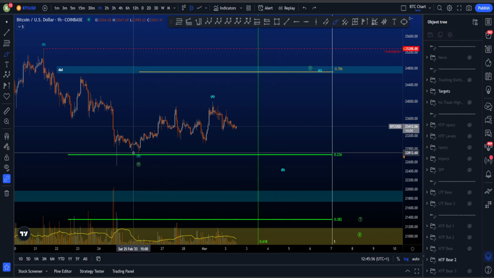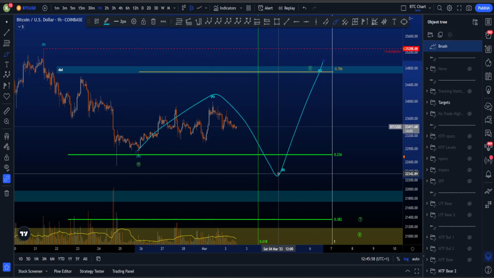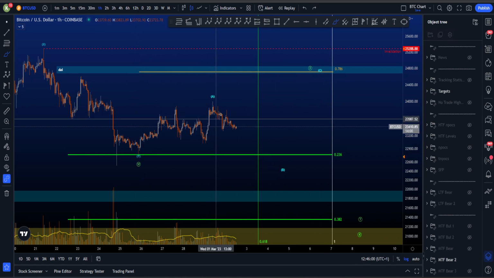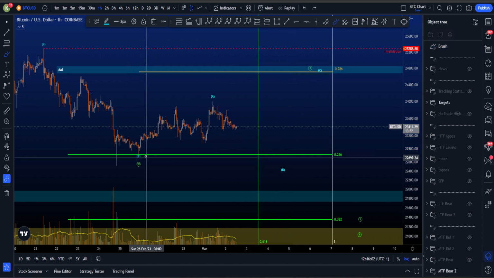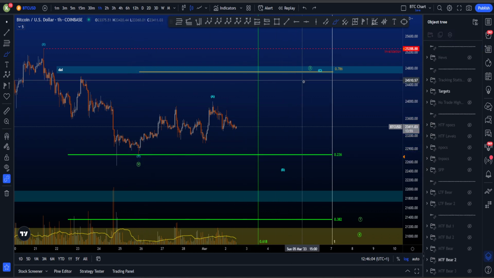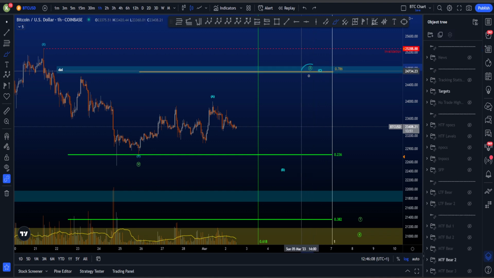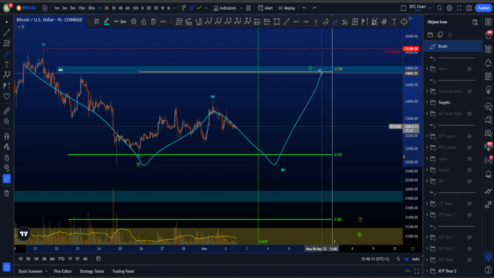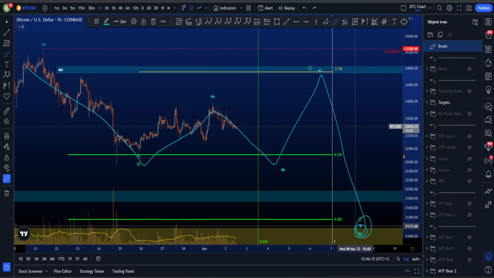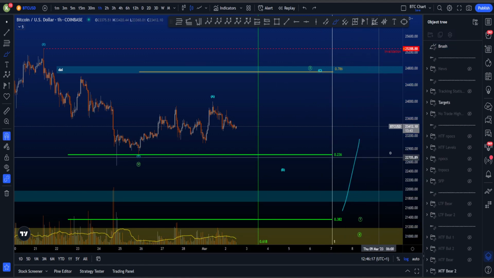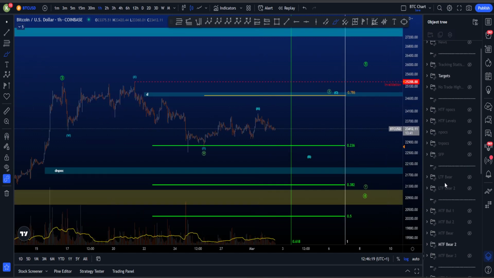However, most commonly in a flat, most common flat is the expanded flat. So then we would basically expect wave B to take the lows over here before another impulsive move up for C. That would then be the green X, so that we have a W, X, and then eventually move down for Y to finish wave 4, and then move to the upside to eventually finish wave 5.